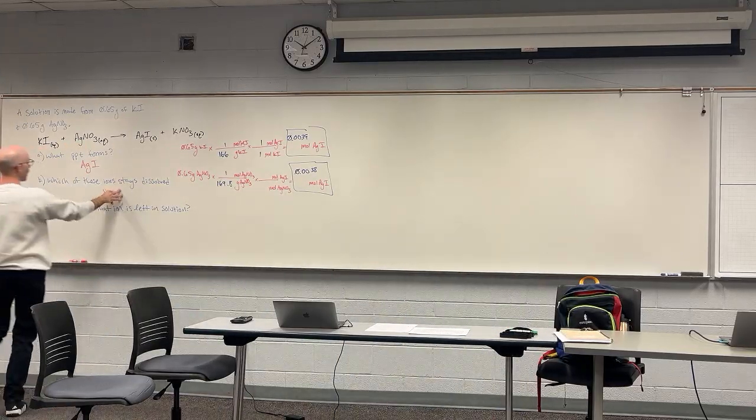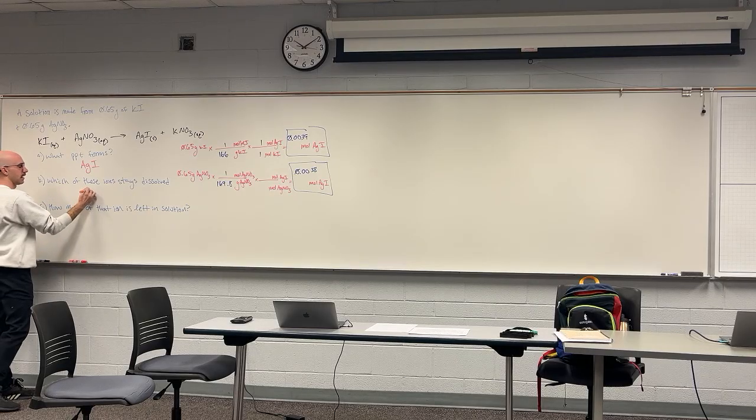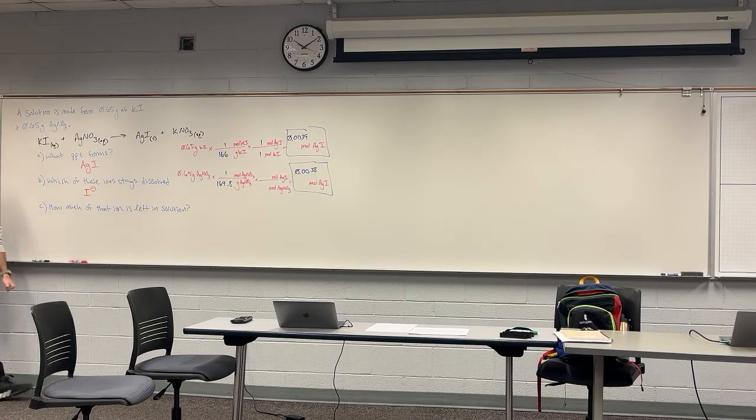So when the question asks which of these ions stays in solution, silver or iodide, is it asking which is the limiting or which is the excess? It's asking for the excess reagent. Which one is left behind? In this case, it would be iodide.